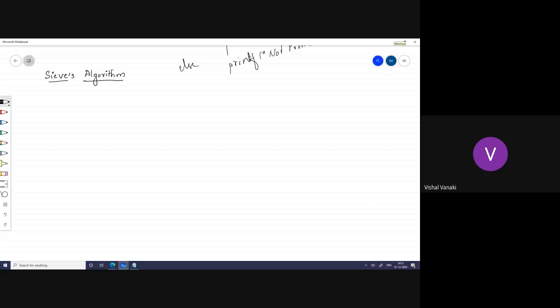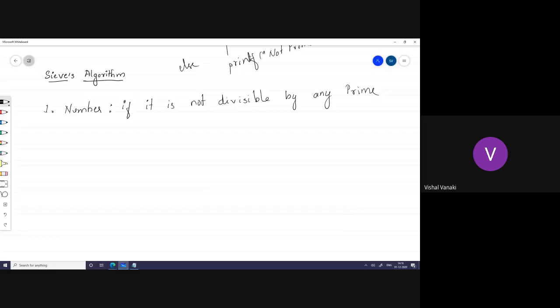So what is the Sieve algorithm? A number is called a prime number if it is not divisible by any of the prime numbers.